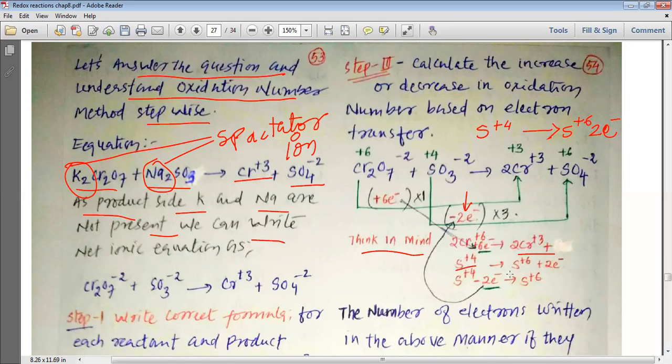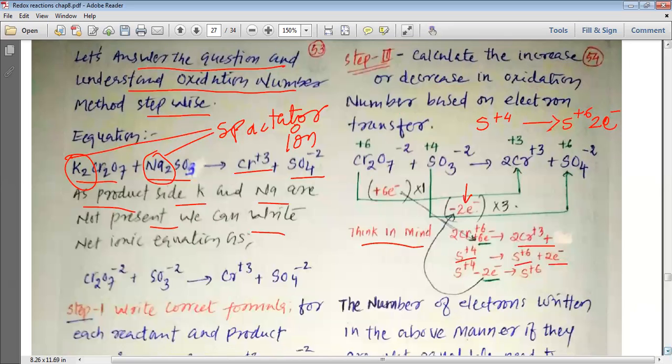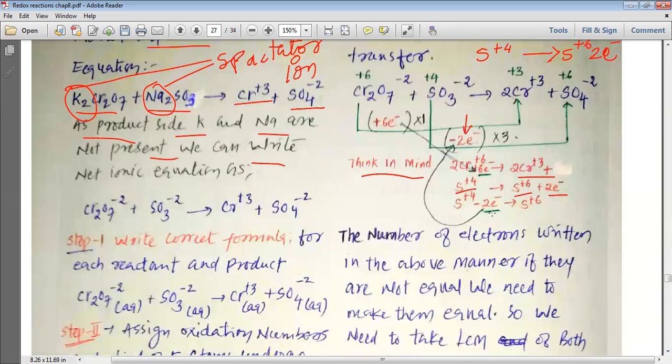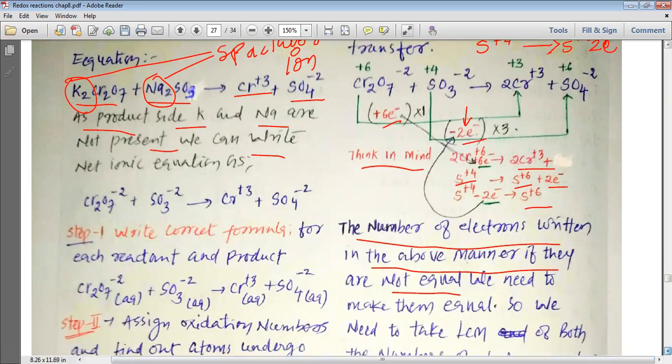S +4 gives S +6 and 2 electrons. Now the number of electrons written in the above manner, if they are not equal, and here they are not equal, one is 6 electrons, another is 2 electrons.